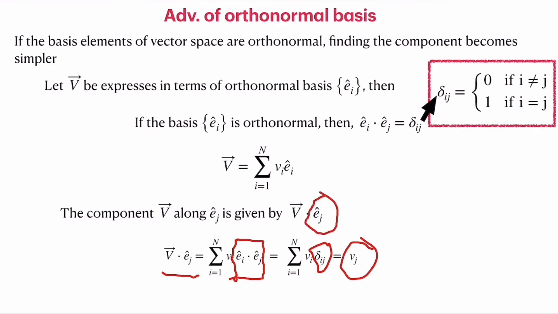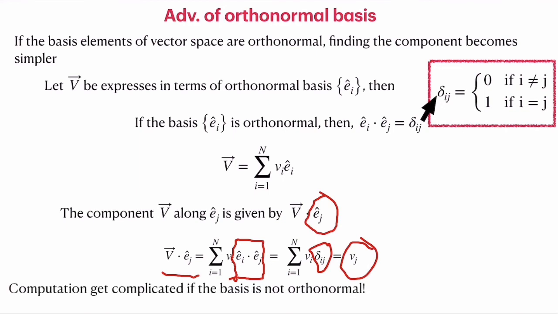So this becomes far more complicated when the basis elements are not orthonormal. One needs to find the components using a proper matrix inversion method. So here this delta_ij helps us to do this summation without going through any complicated computation.